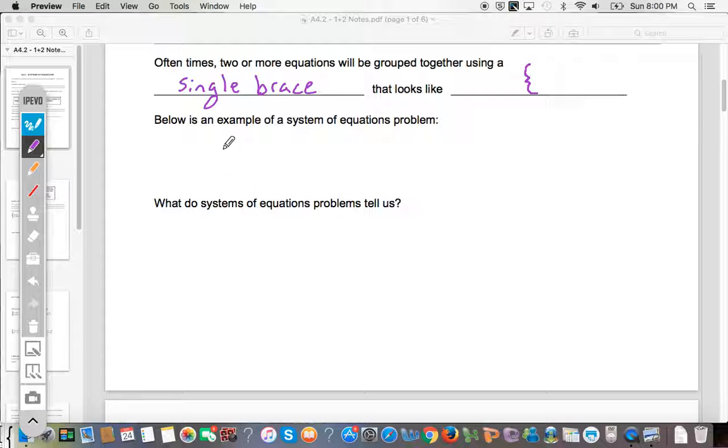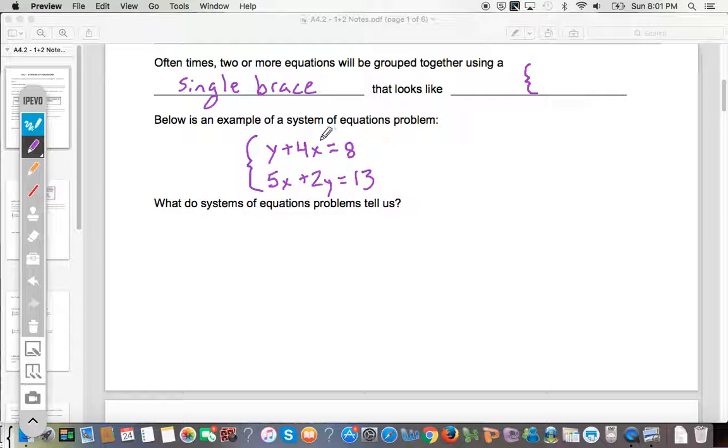Okay, so let's look at an example of a system of equations problem. Okay, so I'll put y plus 4x equals 8 and 5x plus 2y equals 13.